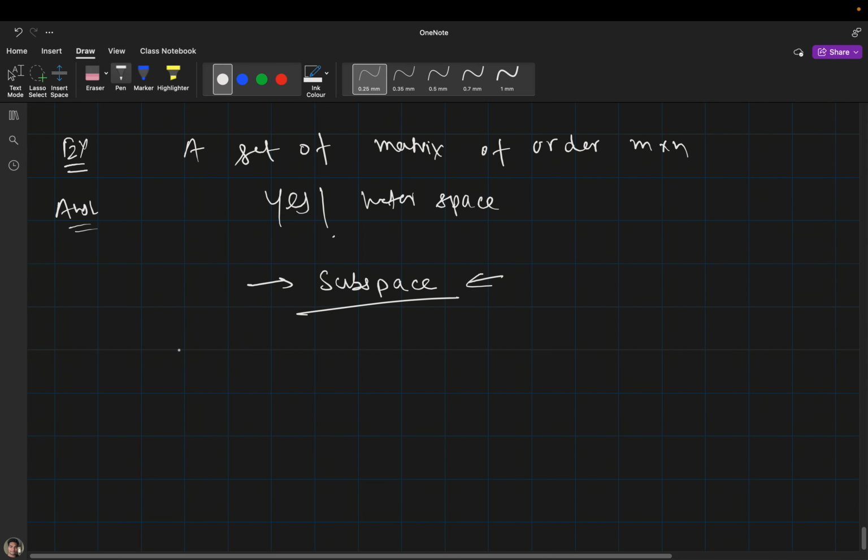Can you suggest some books for this part? Yeah, you can easily get one. For engineering purposes, you can read this book, Gilbert Strang. Have you heard of it?